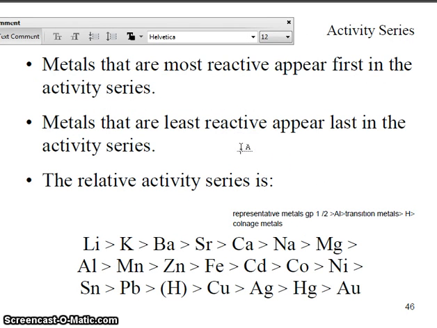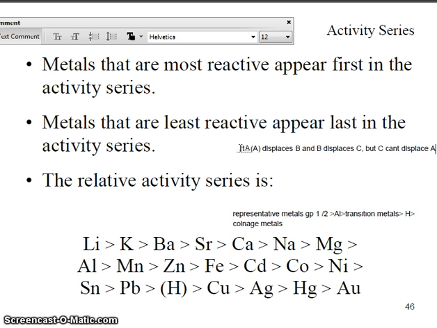So let's say if I tell you that you have test tube 1, which contains a metal, let's say metal A. Test tube 1 contains metal A, and that displaces B. So A displaces B, and B displaces C. But C can't displace A.